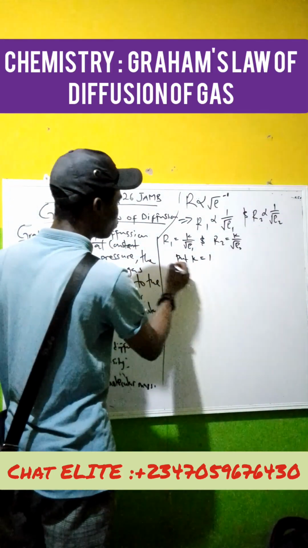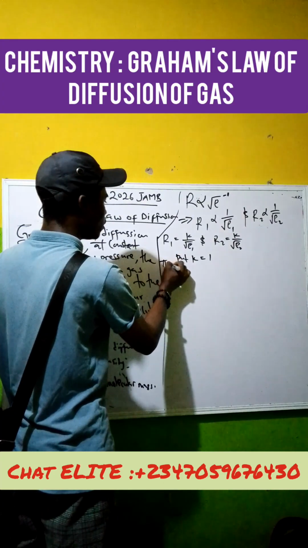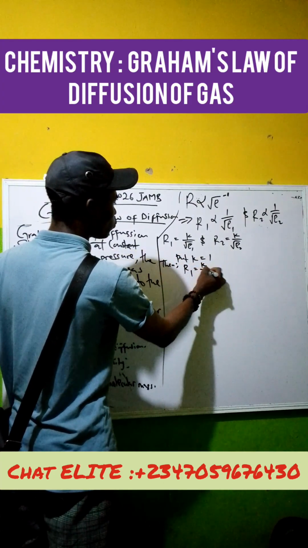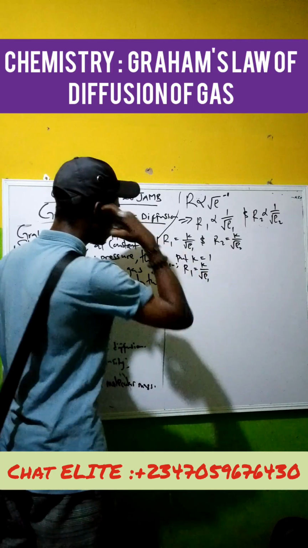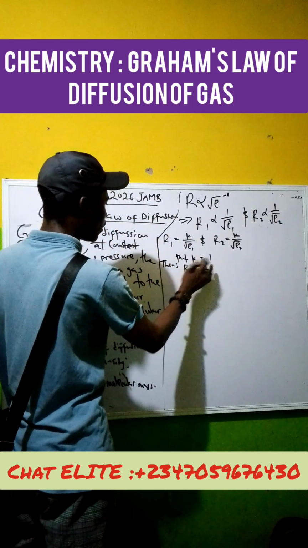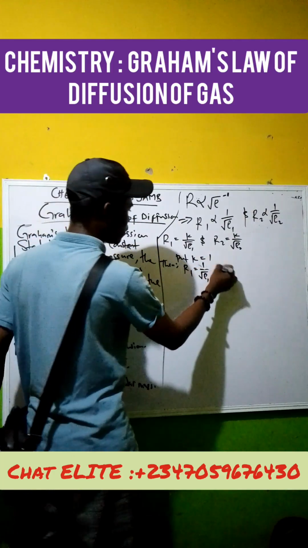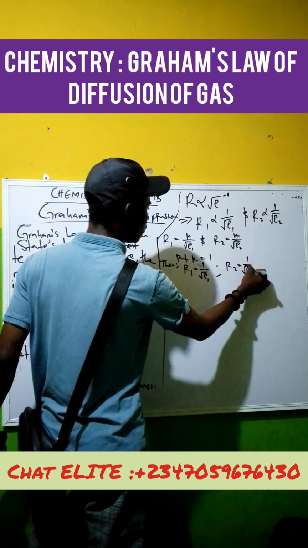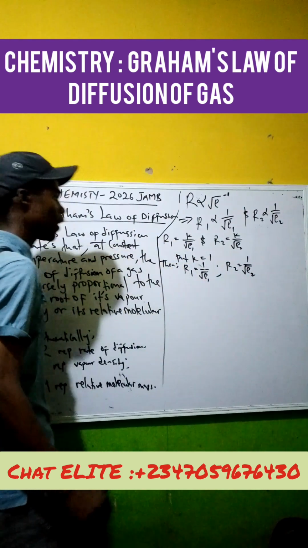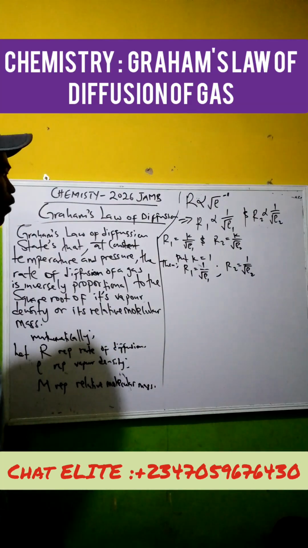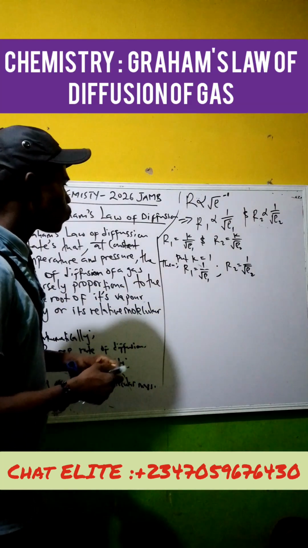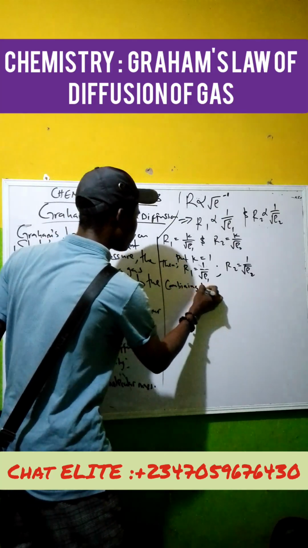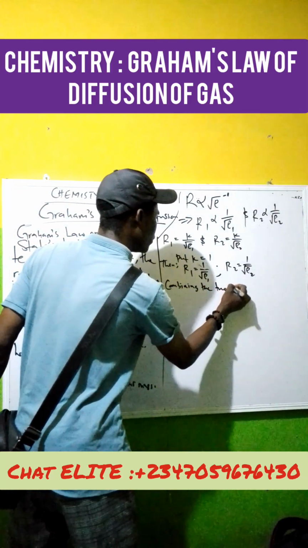So by that, R1 equals 1 over the square root of density 1, and R2 equals 1 over the square root of density 2. Is that clear? No issues. Now at this junction, what are we going to do? We are going to combine the two relations.